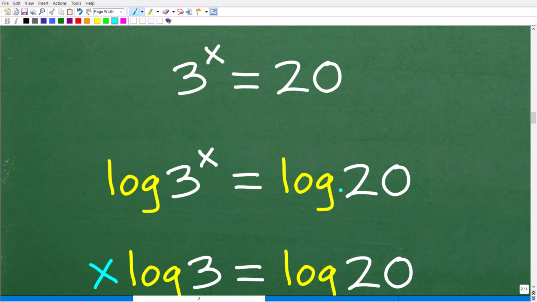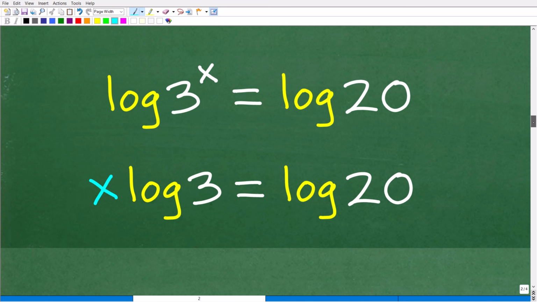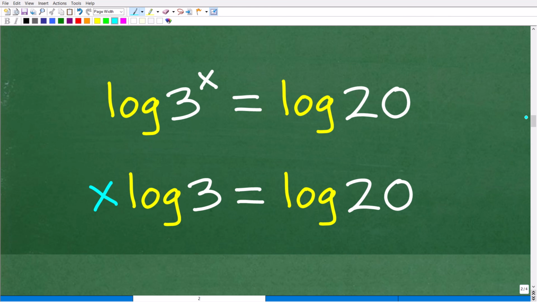So we're going to take the log of both sides. Now, do not do anything yet with your calculator. That'll be at the very end. What we're going to do is take the log of both sides. Remember, the objective here is to solve for x. When you study logarithms, there are some properties of logarithms that you need to know.